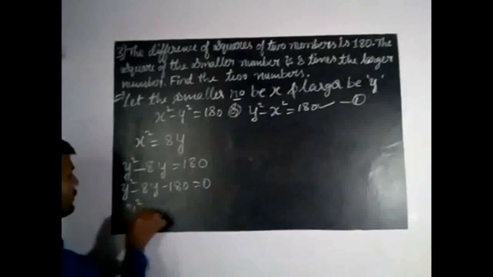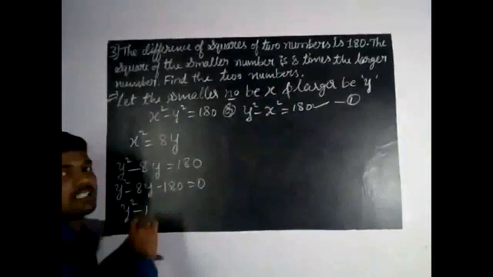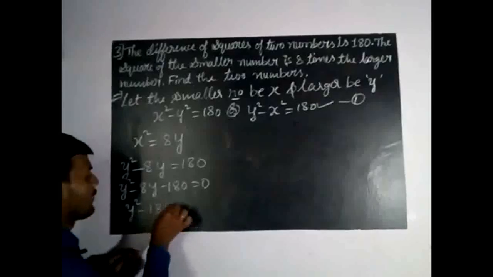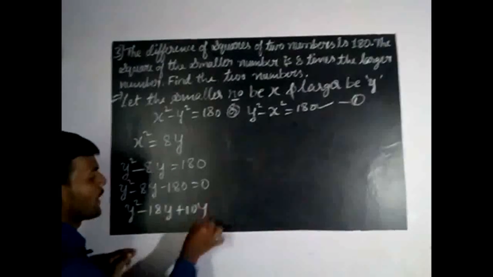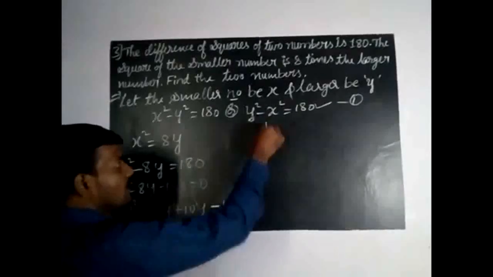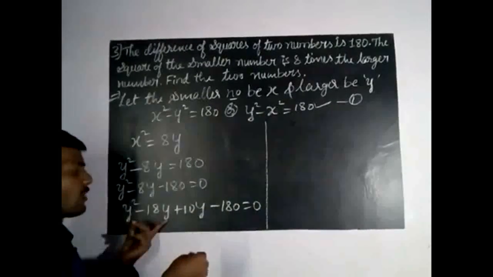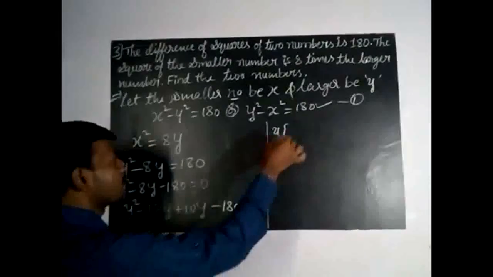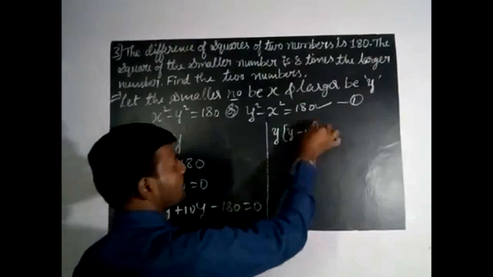Y square minus 18y plus 10y minus 180 is equal to 0. Now in the first two terms, what is common? Y is common. Taking out y, what is left? Y minus 18.